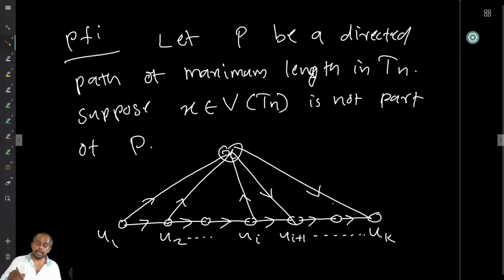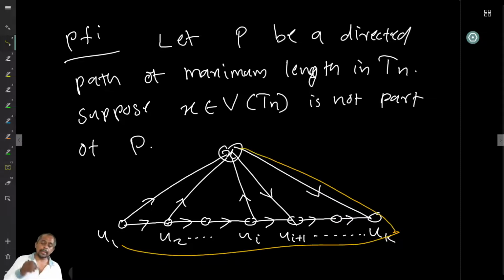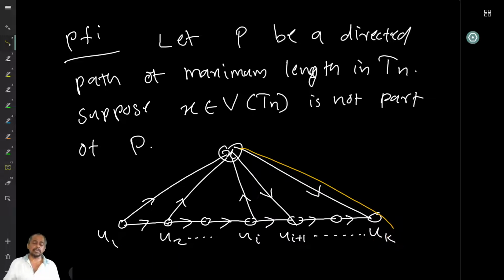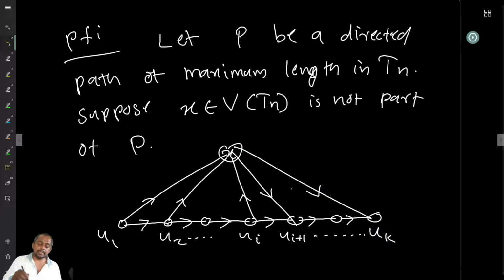Similarly, uk to x also cannot be there, because if uk to x is there, I go from u1 to uk, then from uk I take the edge to x. So therefore this edge must be in this direction, and this edge must be from u1 to x. This is clear. Now, if this happens, then what I do is very simple. I start from u1.